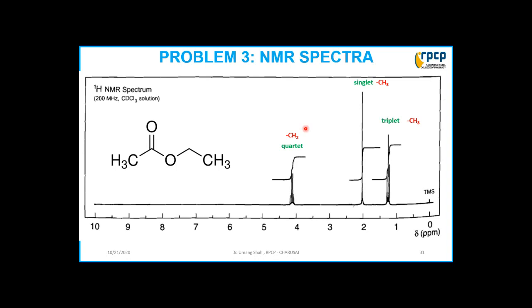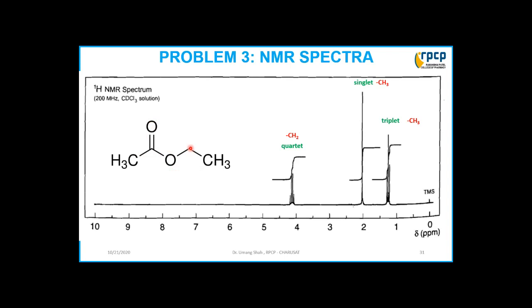So let us solve it first. This is the CH3 group. As we discussed, it appears as a triplet because there are two protons on the neighbor, so by the n plus 1 rule it is a triplet. Here there is a methylene group, CH2, directly attached to the acyl group, the acyl group of the ester.